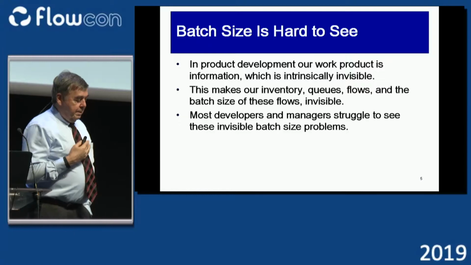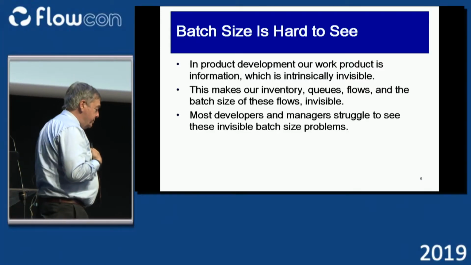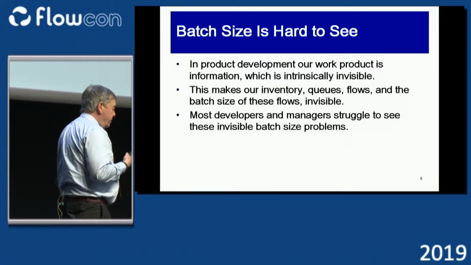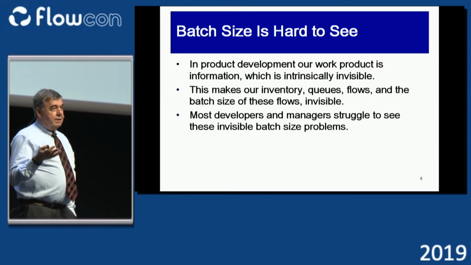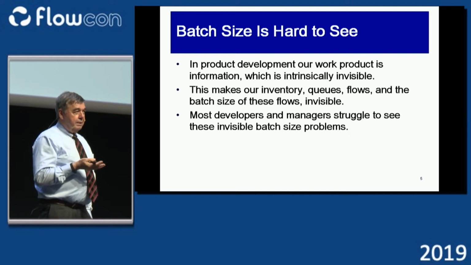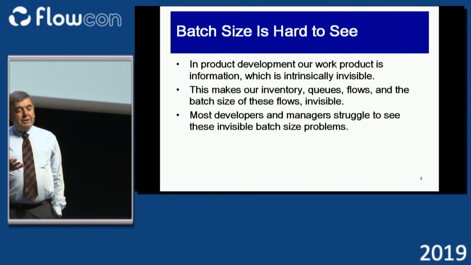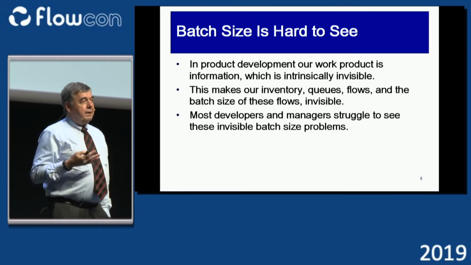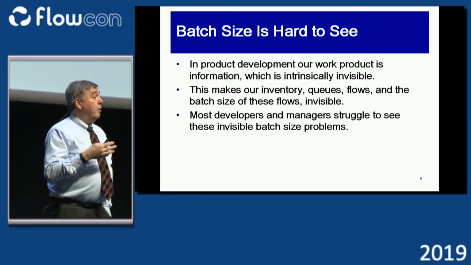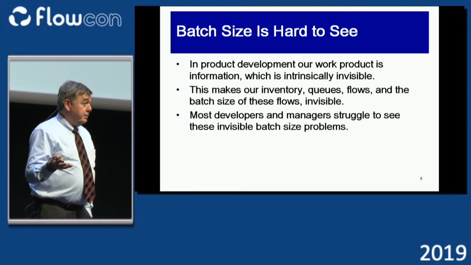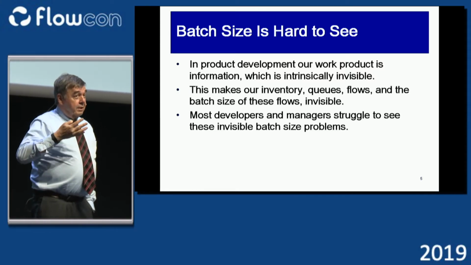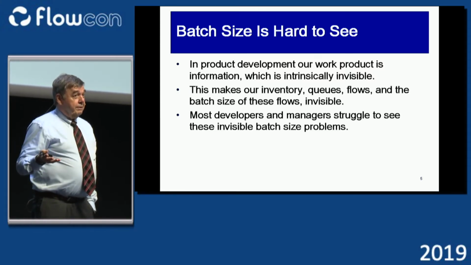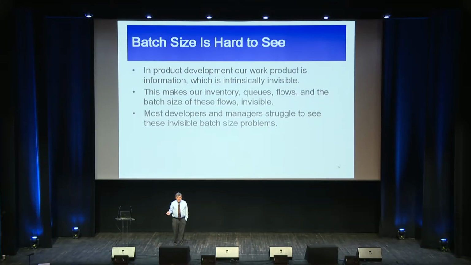Now, product developers have historically not paid a huge amount of attention to batch size, much less attention than manufacturing people have. But that's because in product development, our work product, we also have not paid much attention to inventory over the years. And the problem is that the stuff we work on in product development is information. And information is intrinsically invisible.